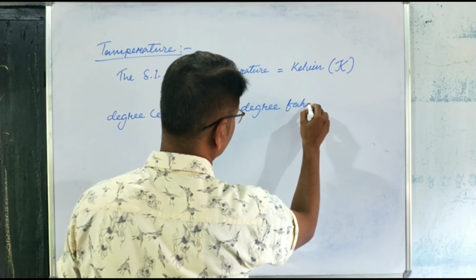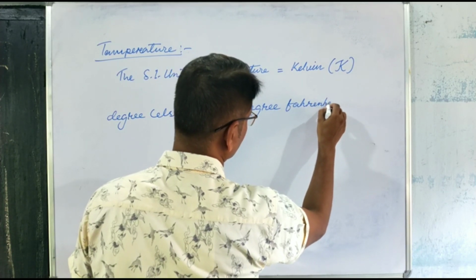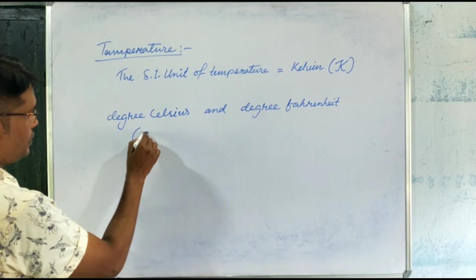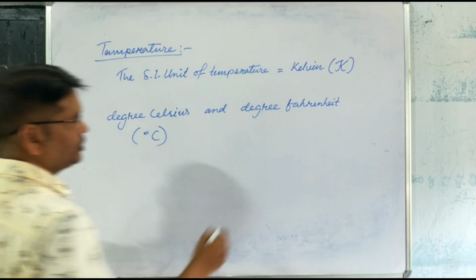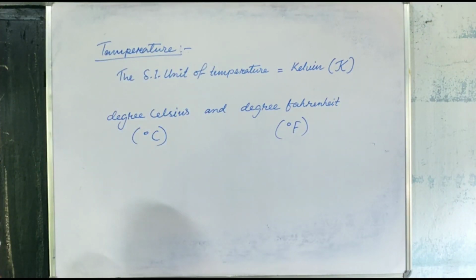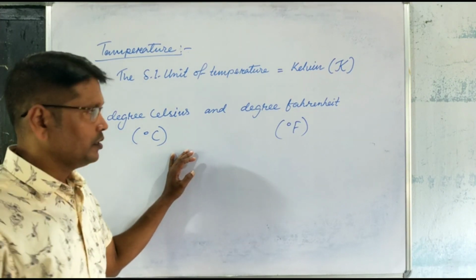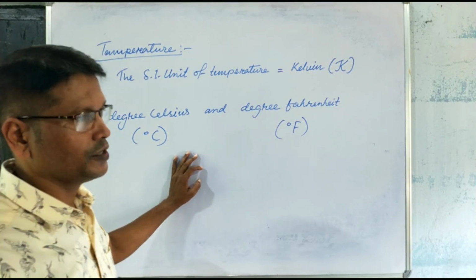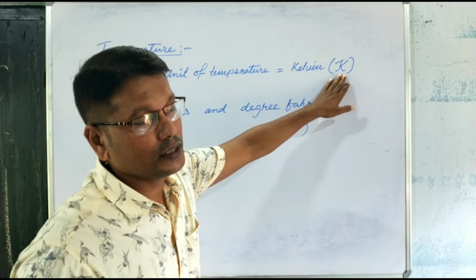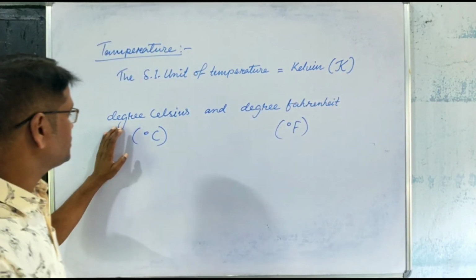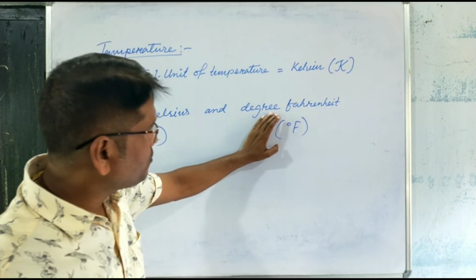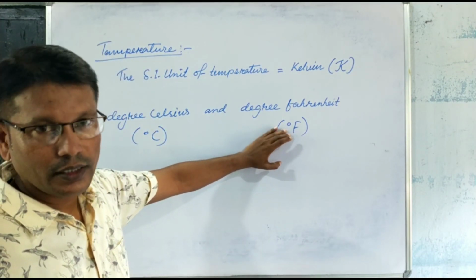It is indicated by degree F, degree Fahrenheit. So we have three units in which temperature is measured. One is Kelvin, it is indicated by capital K. One is degree Celsius, it is indicated by degree C. And the other is degree Fahrenheit, and that is indicated by degree F.